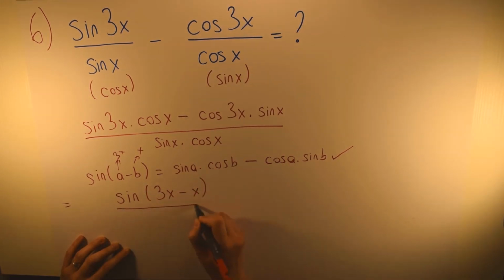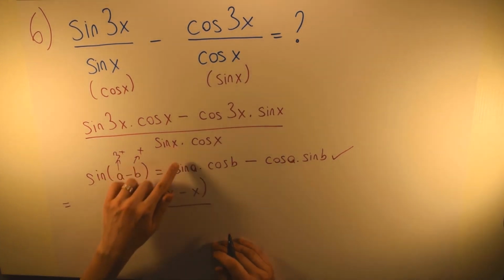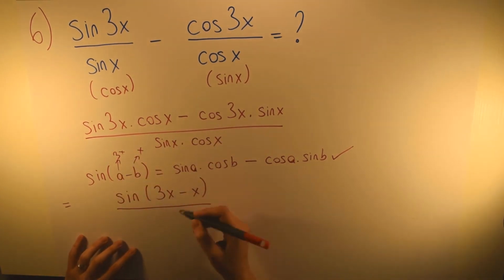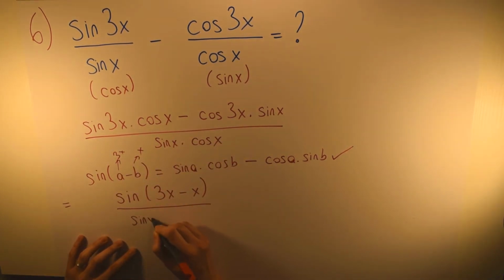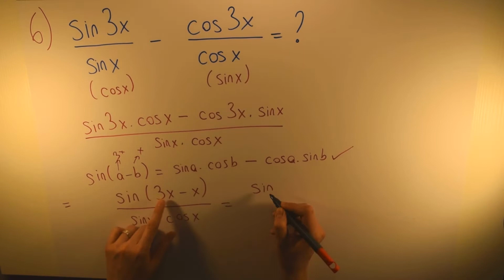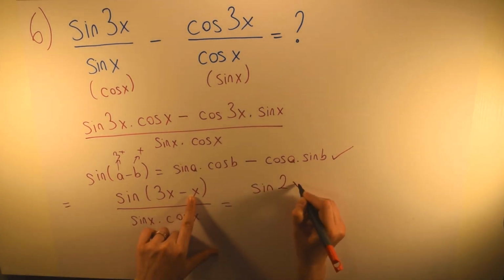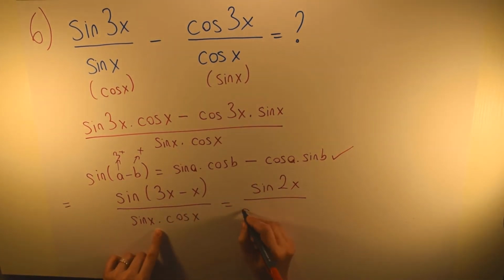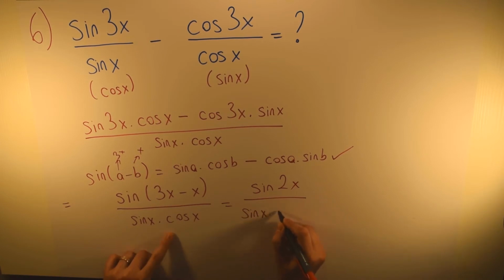You see, now everything is much easier. So still in the denominator we have sine x times cosine x. So here we will have sine 3x minus x, it's 2x, over sine x times cosine x.